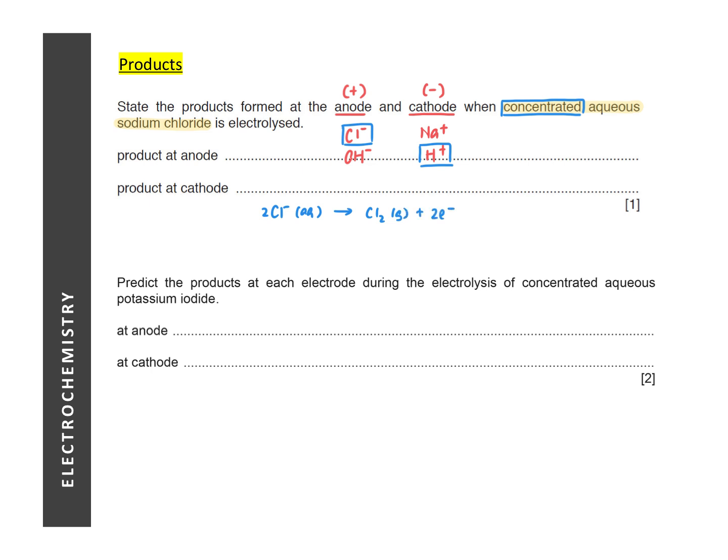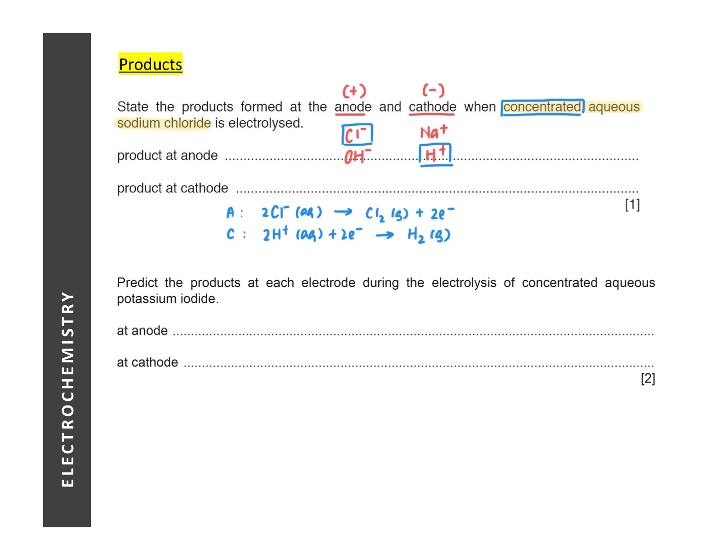At the cathode, this is the electrode where reduction occurs, your hydrogen ions are going to be reduced to hydrogen gas. So what I've done is to write the half equations for the reaction at the anode and at the cathode.